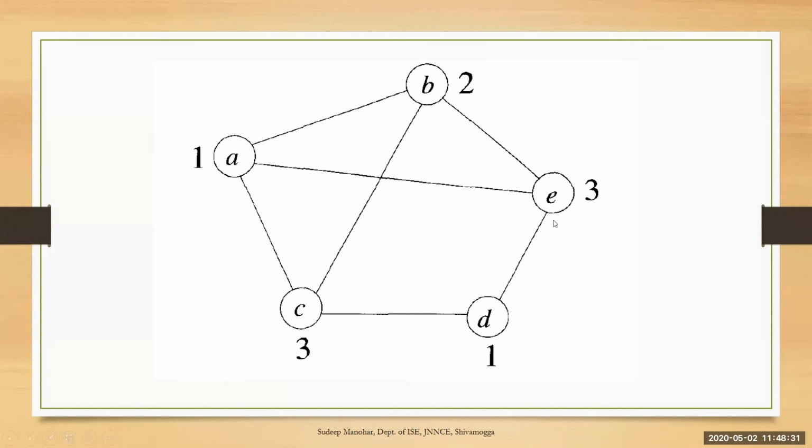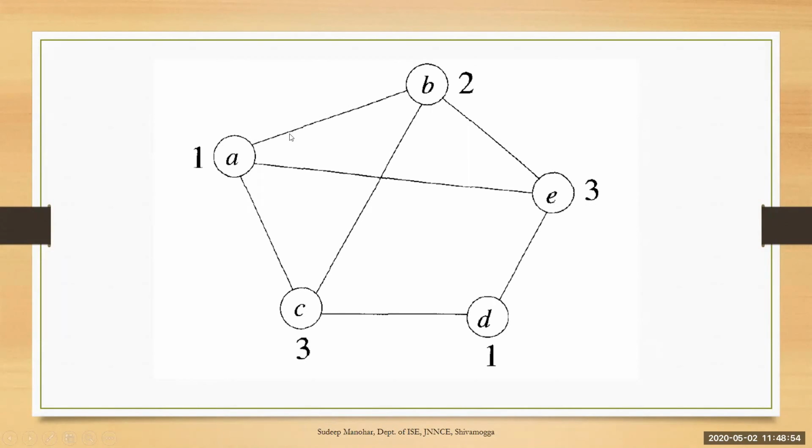Whether it can be given 1? No, because there is an adjacent vertex with color number 1. Whether it can be given color number 2? No, because there is a vertex with color number 2. Increase from 2 to 3. Whether it can be given color number 3? See, there are 2 adjacent vertices, one having 1, other one having 2. So no adjacent vertices have color number 3. So this can be given color number 3.